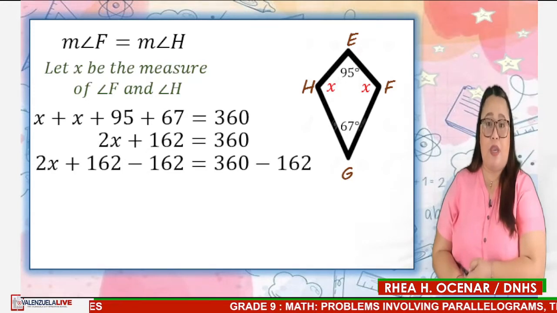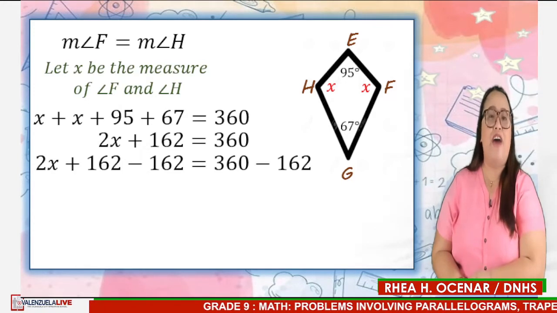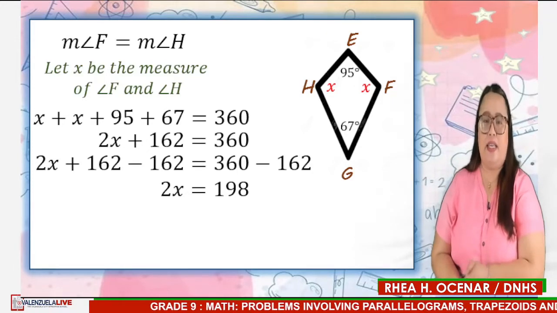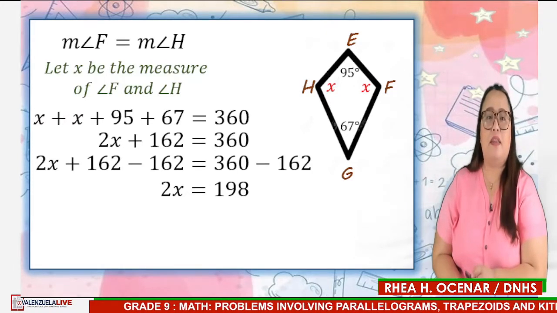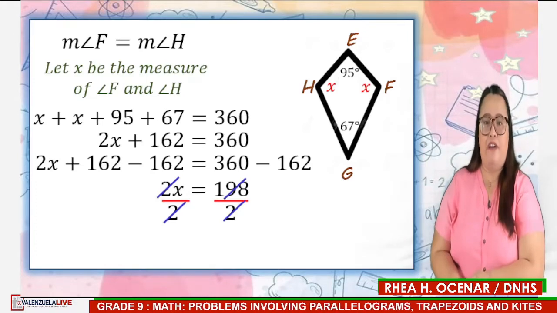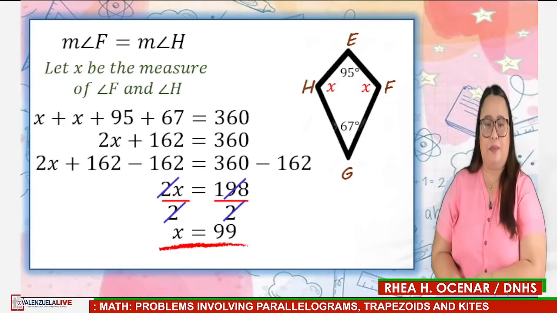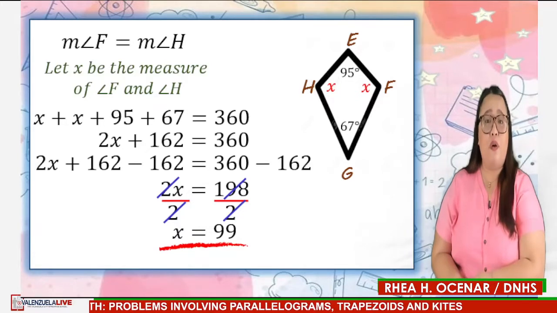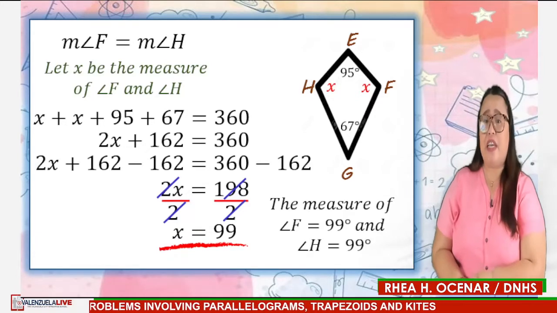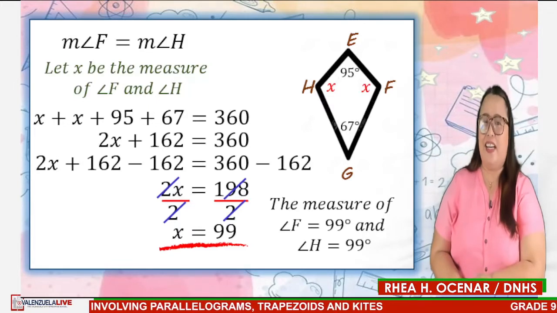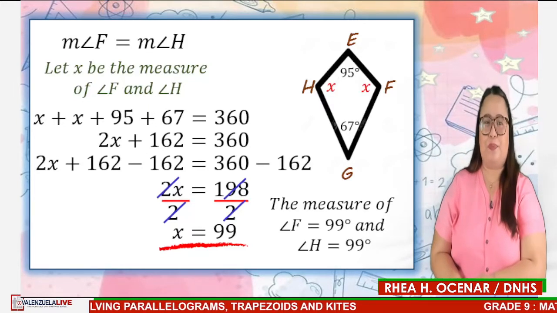By SPE, we have 2x is equal to 198. By DPE, we have x is equal to 99. Therefore, the measure of angle F and angle H is equal to 99 degrees.